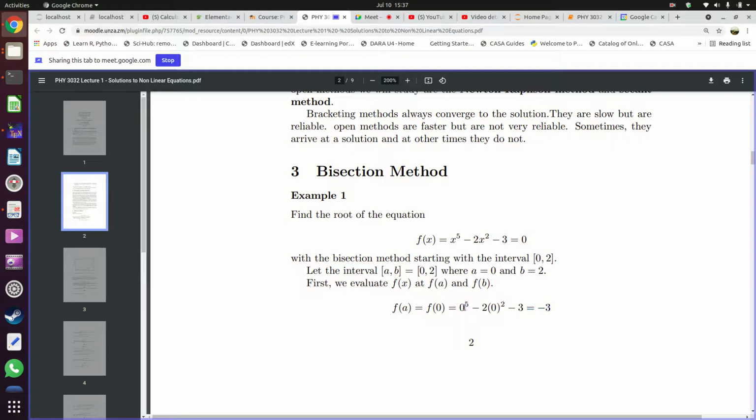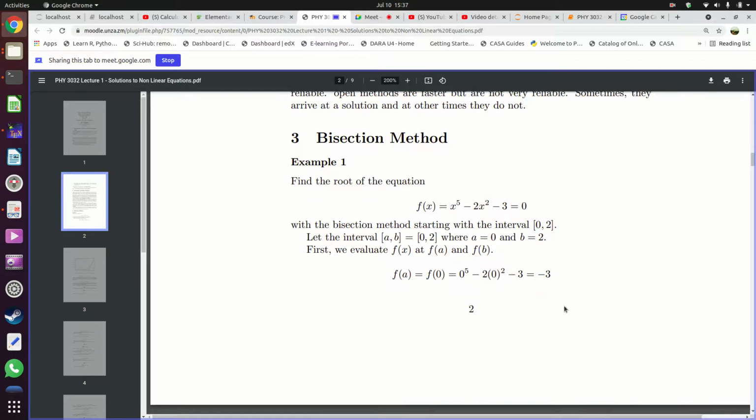Because I've got 0 to the power 5, then 2 times 0 squared, and 0 times whatever is going to be 0. So here you're going to get a 0, then you're going to get a minus 3, so you end up with minus 3. So this is the value of the function at 0. It's minus 3. Are we clear? So f of A, which is equal to f of 0, is minus 3. Is that clear? Yes. So that bit has been done.